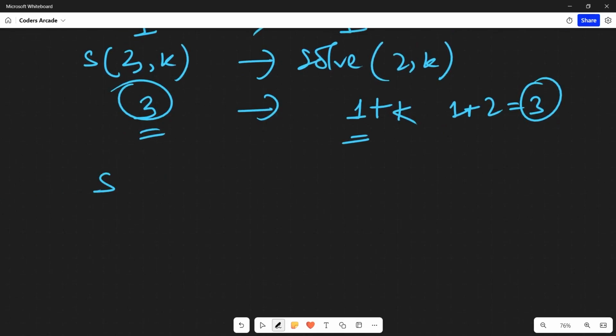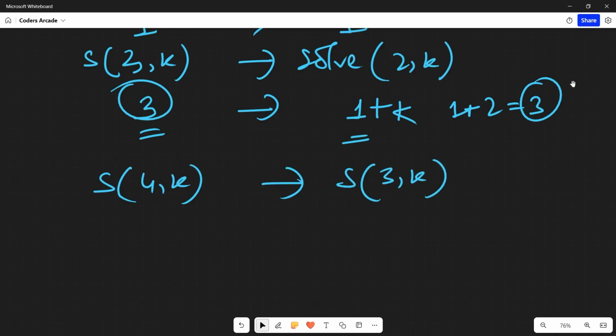So now s of 4 comma k, is it somewhere related to s of 3 comma k? For 4 comma k, you saw that the answer was 1, right? And for 3 comma k, the answer was 3. But we also added k, right? So if I add k here, 3 plus 2 becomes 5, right? Do you think it is practically possible if there are 4 friends in the circle?